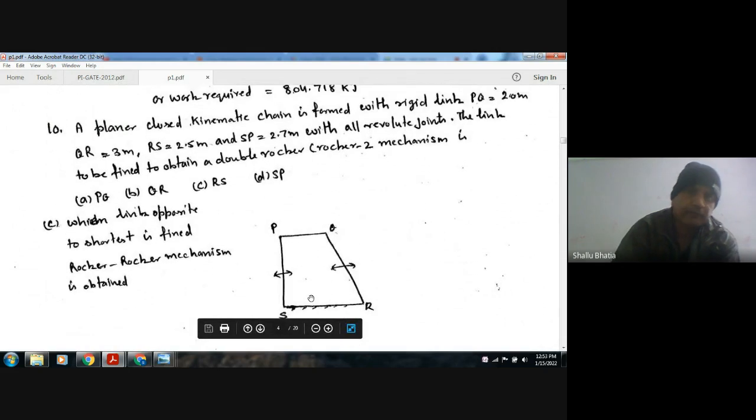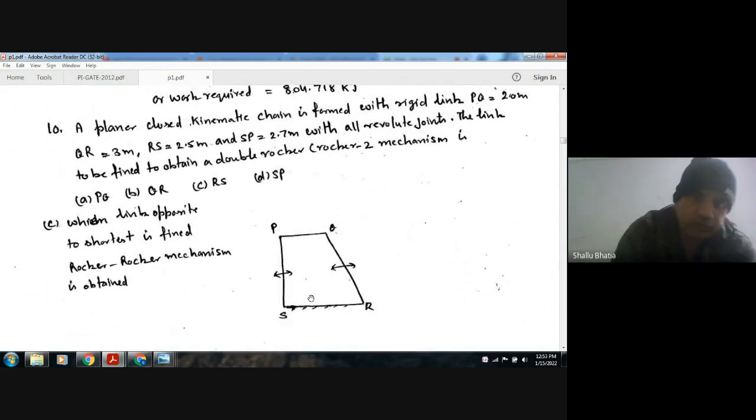Next, a planar closed kinematic chain is formed with rigid links PQ 2 meter, QR 3 meter, RS 2.5 meter, SP 2.7 meter with all revolute joints. The link to be fixed to obtain a double rocker mechanism is asked. For a double rocker mechanism, the link opposite to the shortest link is fixed.